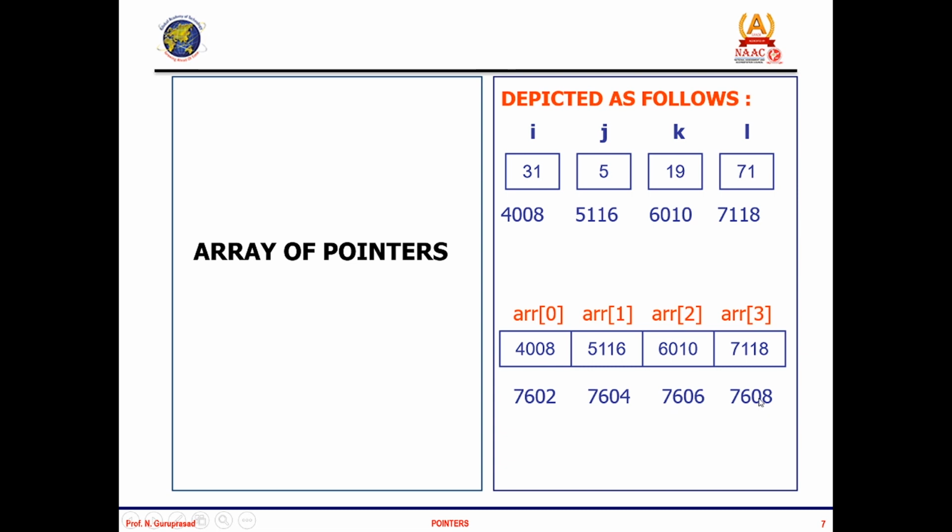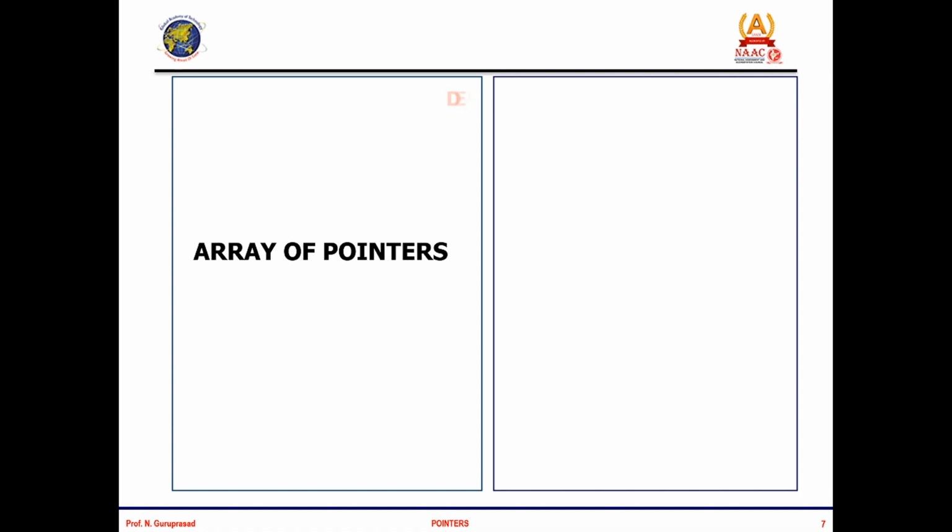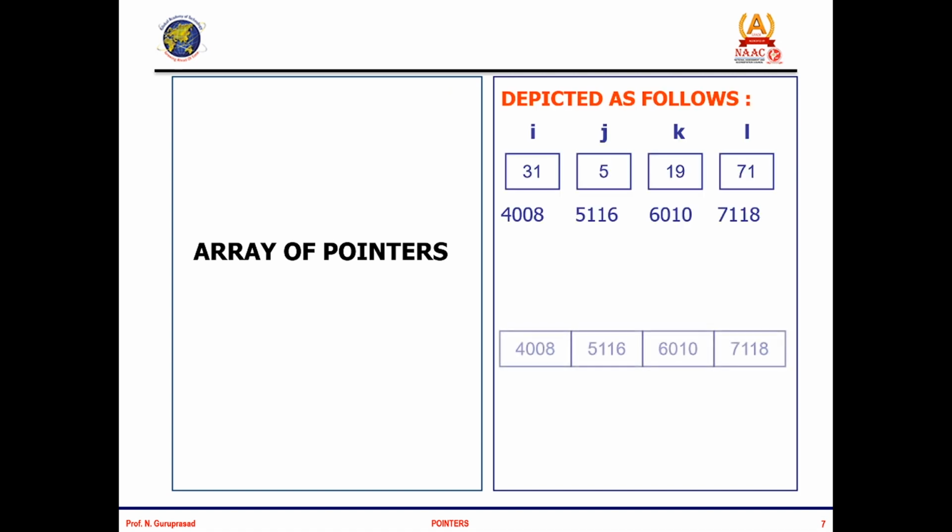Now when you go back to the previous code, you have the first line ARR of 0 is equal to ampersand of I. That means the address of I is stored as the value at ARR of 0. Or I can say ARR of 0 is nothing but the address where variable I is available. So what is the address of I? 4008.